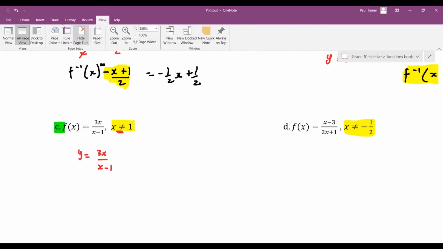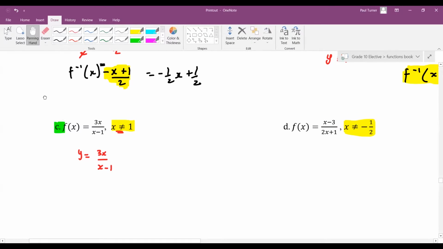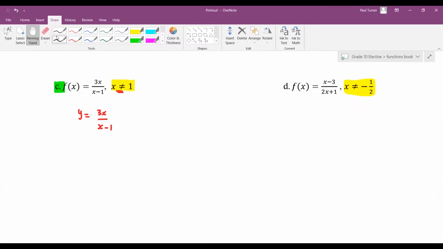Let's make it a bit bigger. Okay. So now the next step is to swap the x and y. So we'll have x equal 3y over y minus 1.